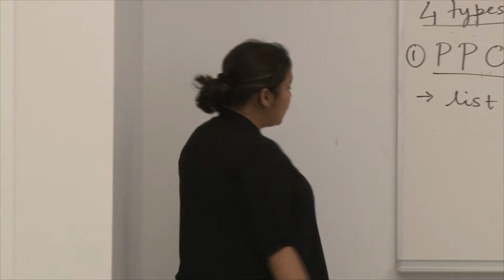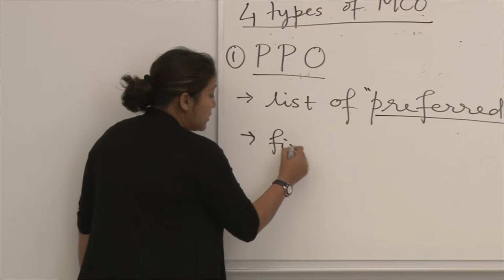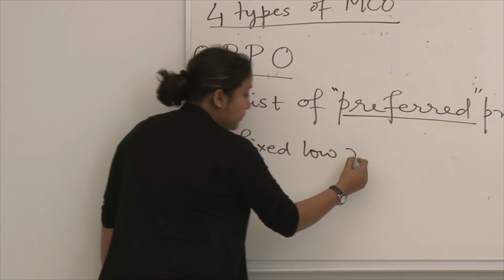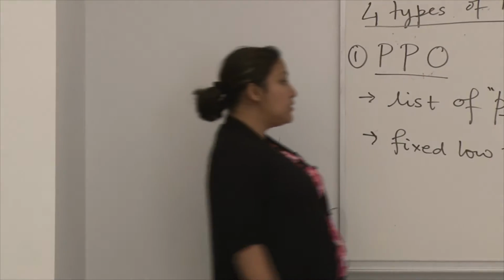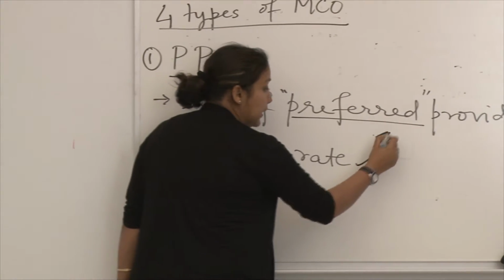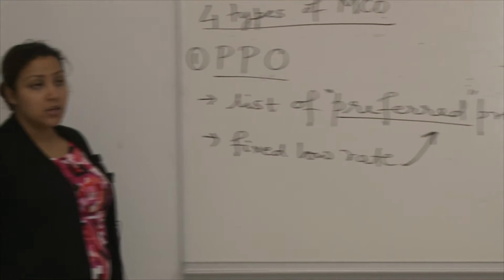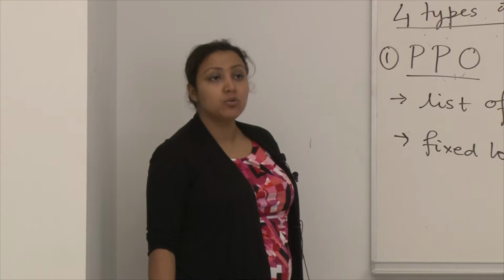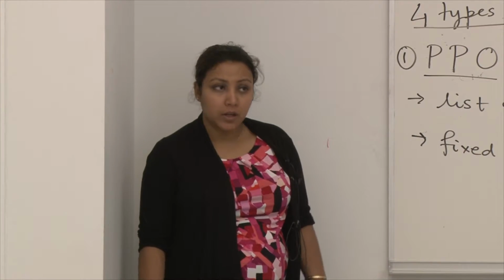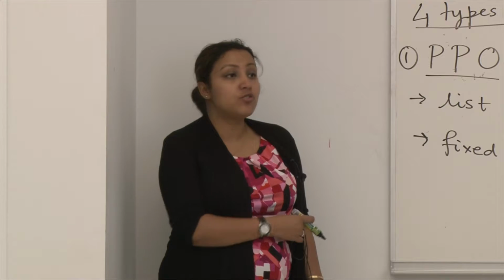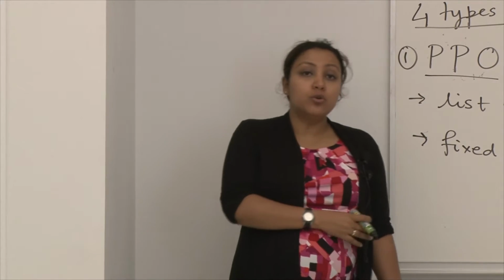Now, in this case, the patient does pay a fixed low rate, and the patients are usually encouraged by the insurance companies to go to the preferred providers, that means the in-network doctors, and they are discouraged from going to out-of-network people, okay? But they are not restricted. That means there is no rule that you have to go to the in-network people and you cannot go to anybody who is not on the preferred list.